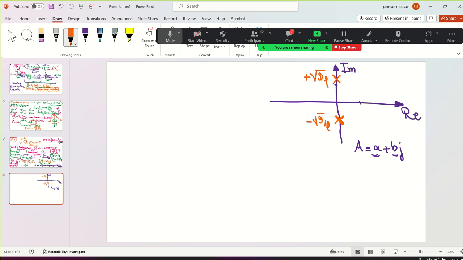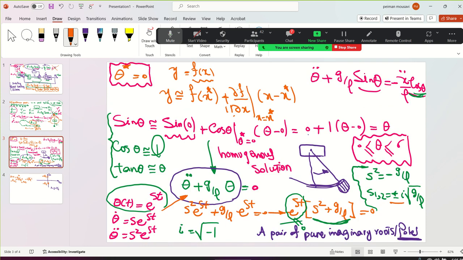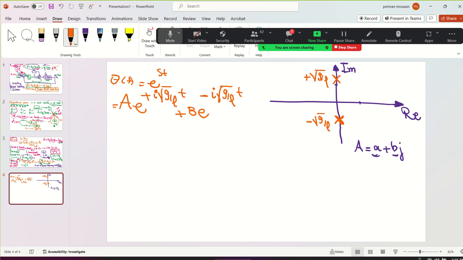Eventually we are moving toward control. So our solution was this: theta of t equals A e to the i root g over L t, plus B e to the minus i root g over L t. You have two roots, plus or minus i root g over L. Now you know the Euler formula, which I bet you have seen previously.